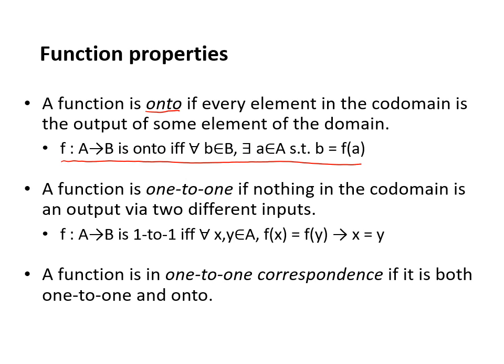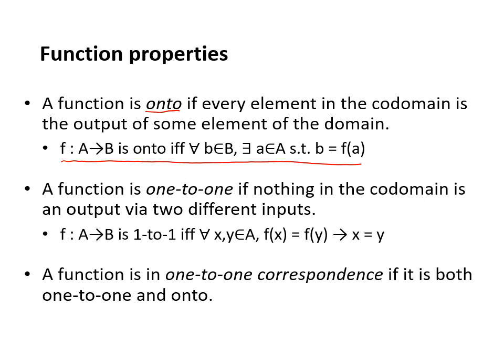Okay, so a function is one-to-one if nothing in the codomain is an output via two different inputs. So if you think about an arrow diagram, this means that there are no more than one arrow incoming into some element in the codomain.